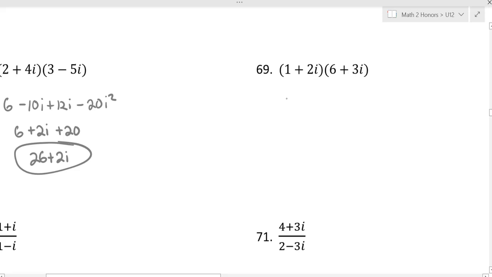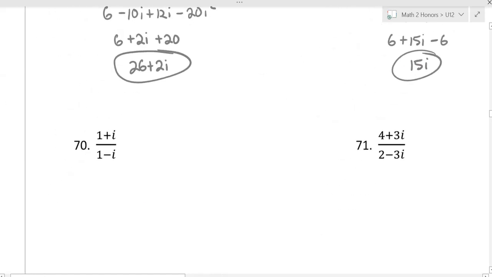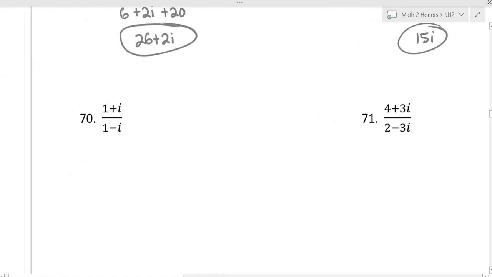69, we get 1 times 6, 1 times 3i, 2i times 6, and 2i times 3i. It's going to be 6 plus 15i minus 6, which is just 15i. Number 70, can't have a square root in the denominator, and i has a square root of negative 1. To get rid of this, we multiply by the conjugate, which would be 1 plus i.